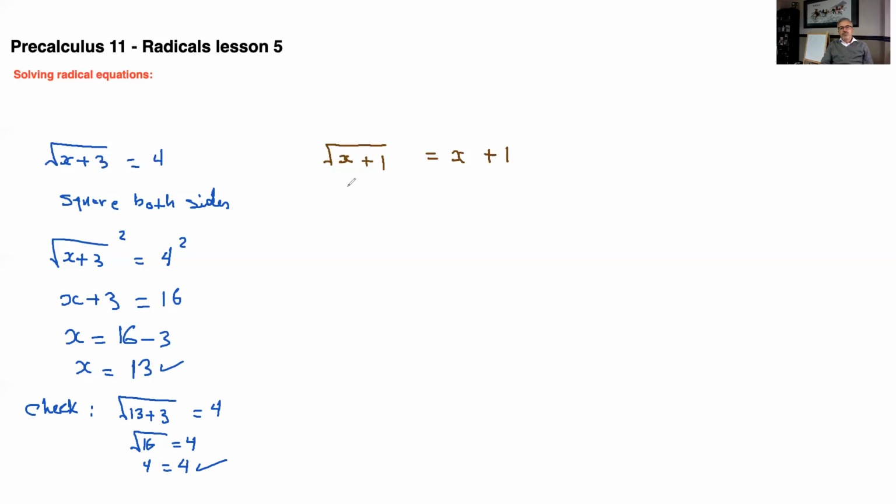Question number 2 is a bit different. So the same thing, I'm gonna square both sides. So I'm gonna put a square right here and square the whole thing. So squaring the square root, it just cancels the square root, x plus 1.